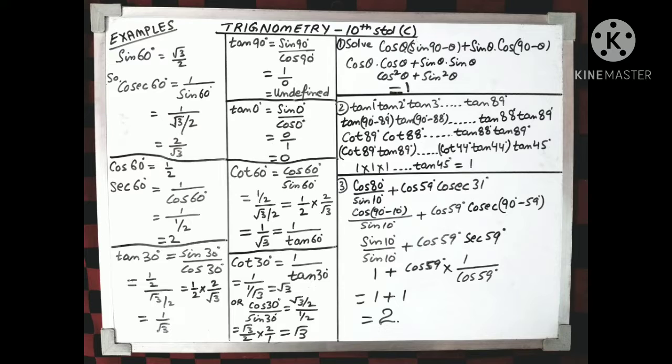So now we keep the like terms together. For example, cot 89 into tan 89, cot 88 into tan 88, cot 87 into tan 87, and so on. Cot 44 into tan 44, and then we will have tan 45 as 1.